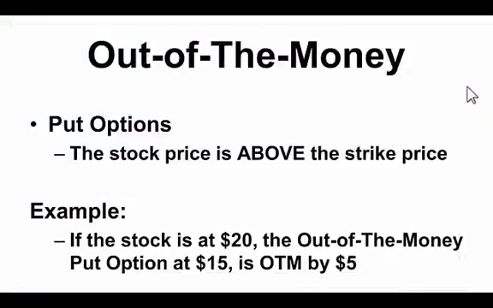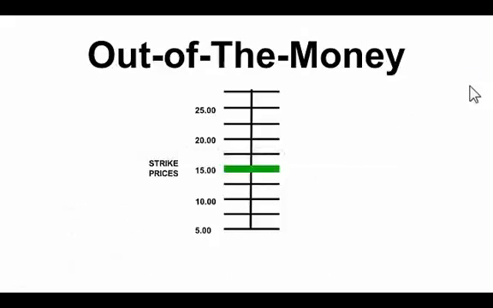Out of the money, if the stock price is above the strike price, for example, if the stock price is at 20, the out of the money put option at 15 is out of the money by $5. So if the strike price here is at 15 and the stock is currently up here at 20, this put option is out of the money.